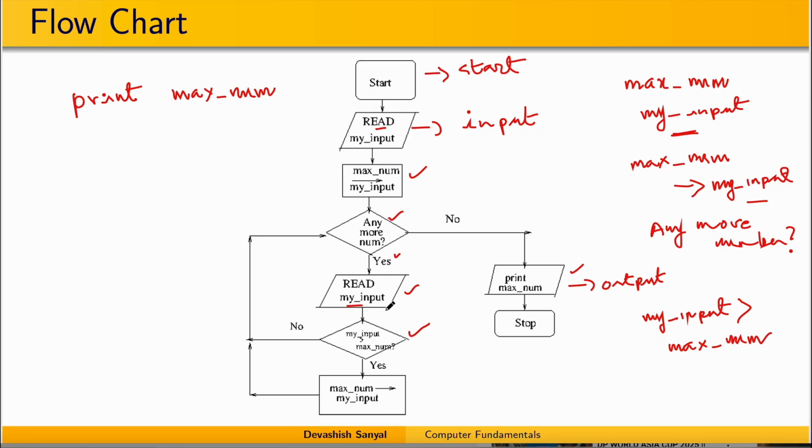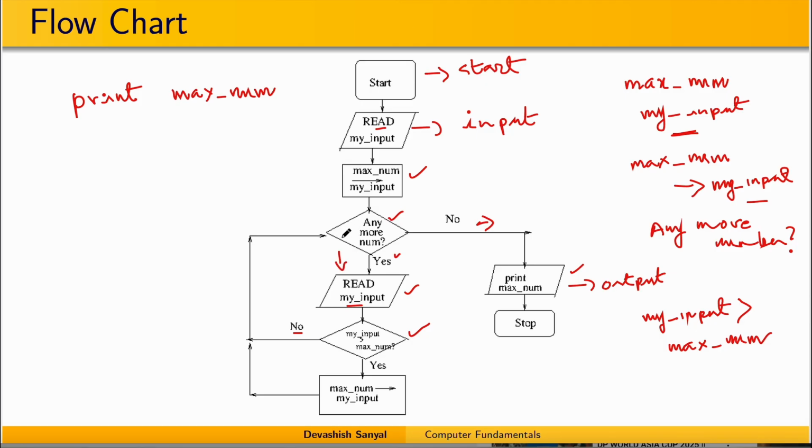If no, if my input is not greater than max num, then we go back here and ask if there is any more number. If there is no other number, we go along this path. If there is more number, we take this path.